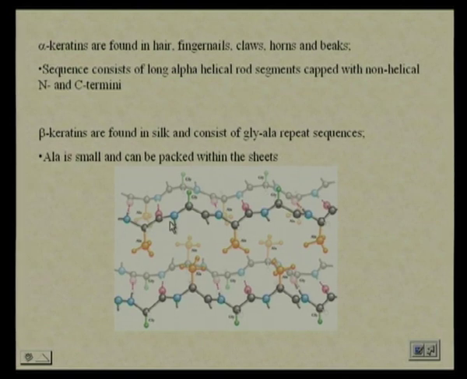The reason being, now that you know the structures of these amino acids, they are small in size and they can be accommodated in the beta sheet structure of beta keratins. Okay, so, the alpha keratins are the ones that form the alpha helices, beta keratins are the ones that form these beta sheets that consist of a gly-ala repeat sequence. And in the alpha keratins that are found in hair, what do we see? We see longitudinal parallel alpha helices that give mechanical strength to the fibers that are formed.